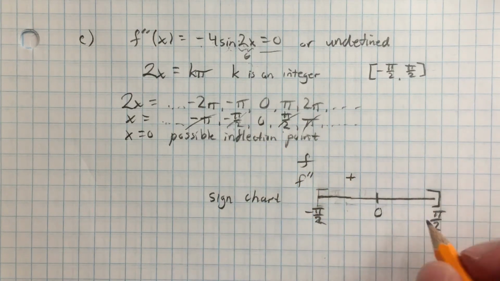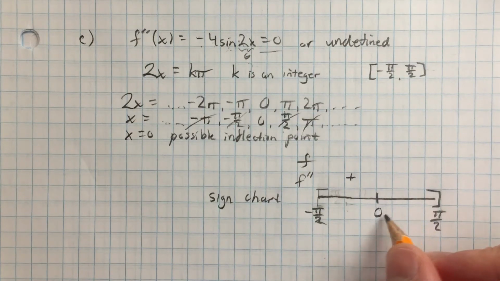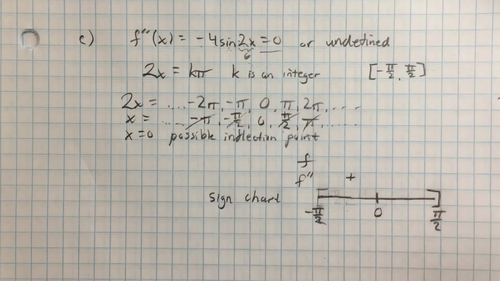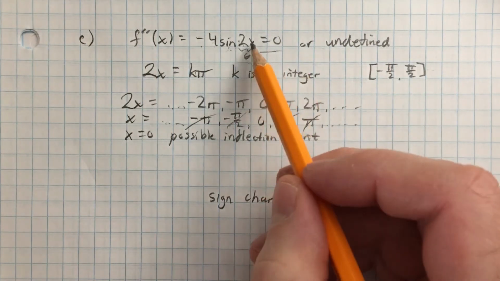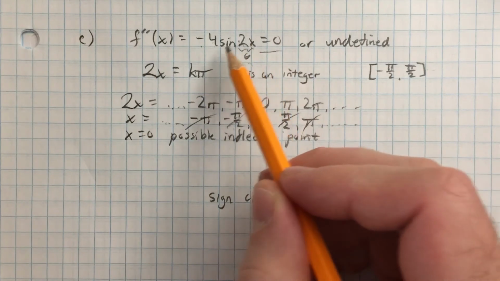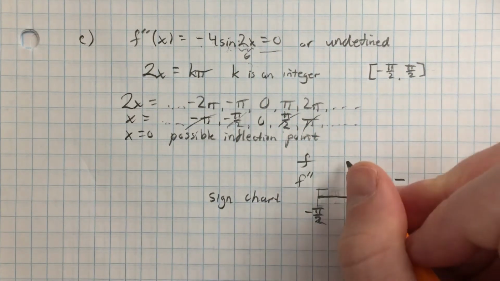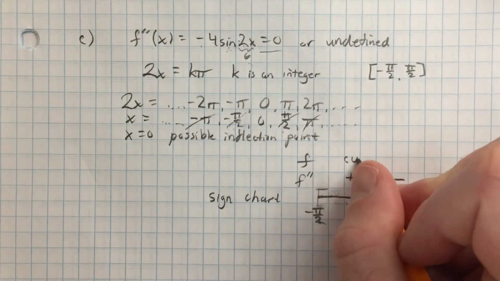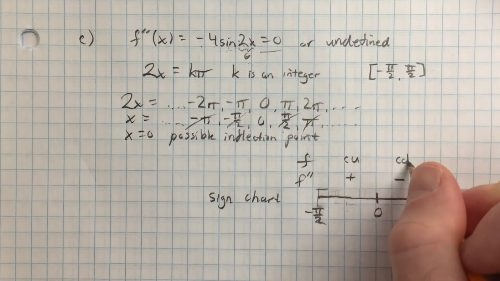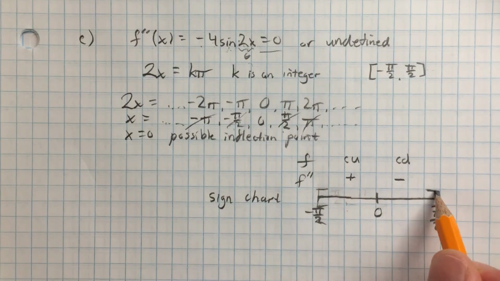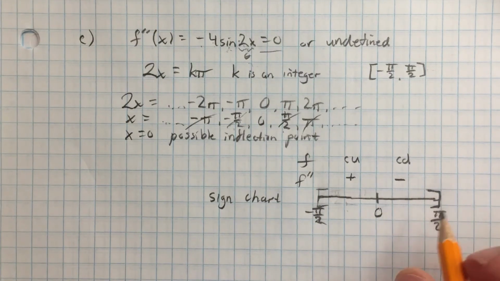Now we take a value to the right of 0, between 0 and pi on 2, like pi on 4, the exact opposite of what we just selected. Put pi on 4 in here: sine of pi on 2 is 1, times negative 4 is negative. So this is negative. Therefore, the original function is concave up on the first interval and concave down on the second, again barring the endpoints, because their second derivative is 0, not positive or negative.